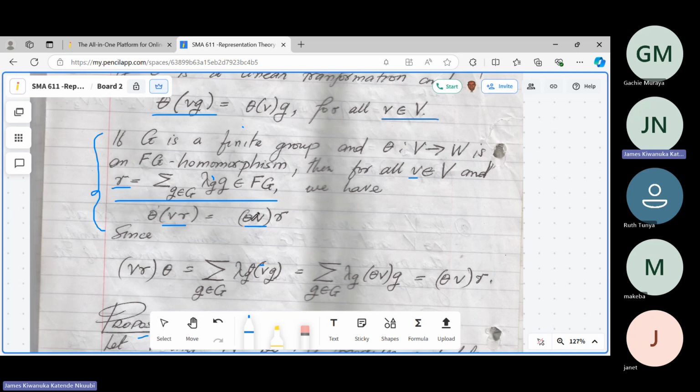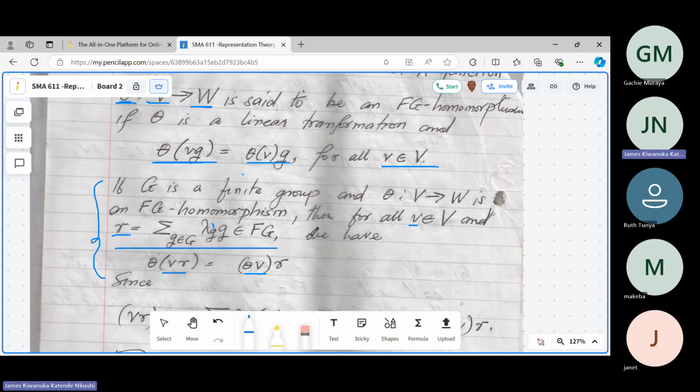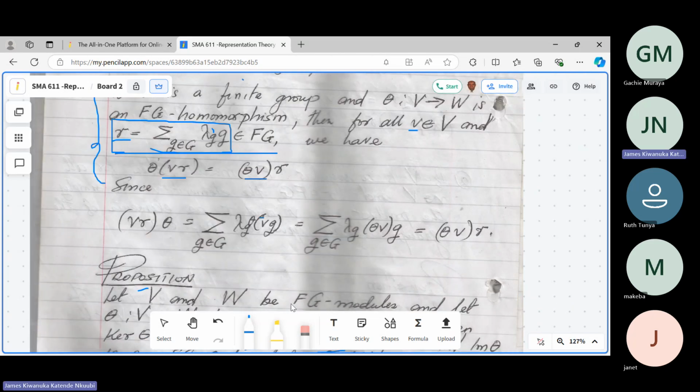We don't need it anyway for now. What we need is this definition. That's what we need going forward. There's something that doesn't seem to be clear here. We haven't defined a group algebra, so this may not make sense. If I use it, I would have to go back and talk about the group algebra. We'll deal with that later.